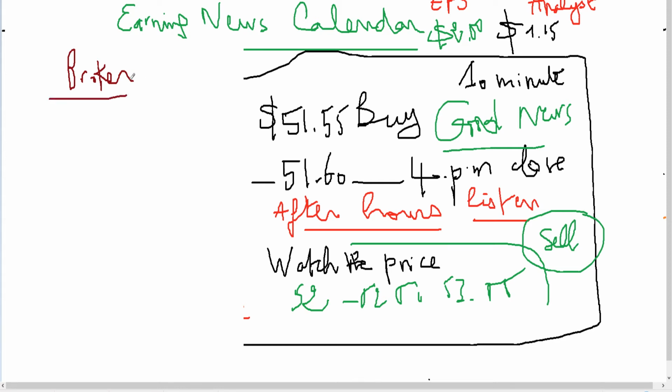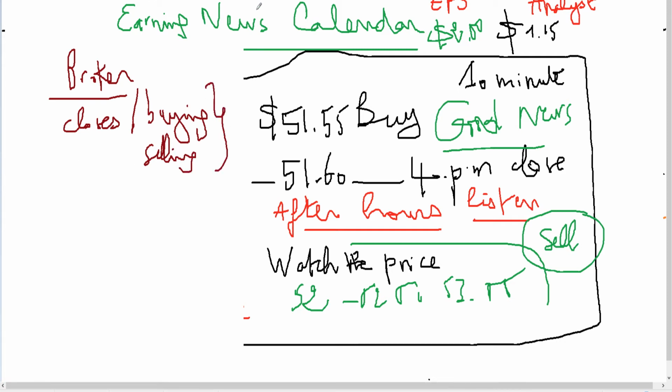You should see what time your broker closes buying and selling. Understand that in general the market continues from 4 p.m. to 8 p.m. This is the after hours.